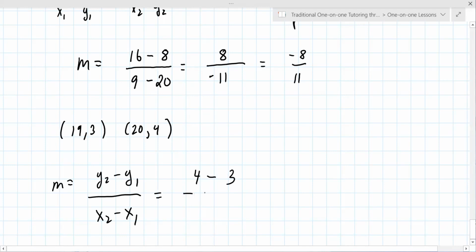Good. What is x2 and x1? X2 is 20 and x1 is 19. Excellent. Okay, so can you subtract the top and the bottom?